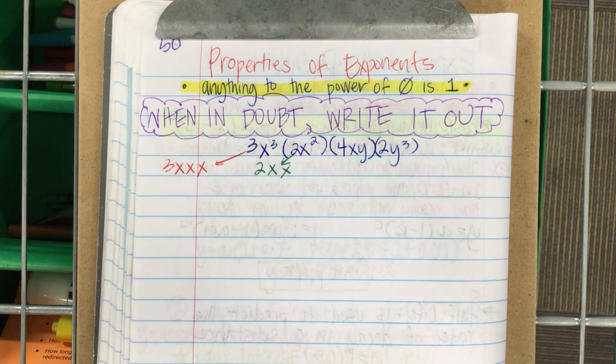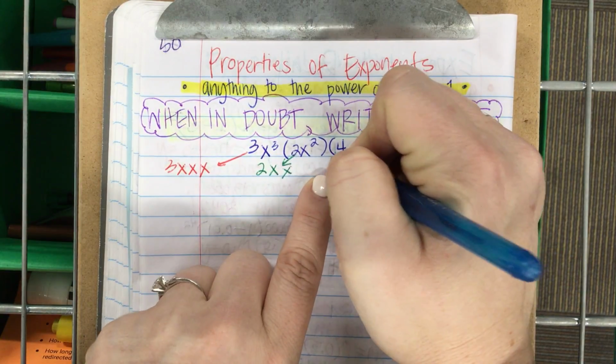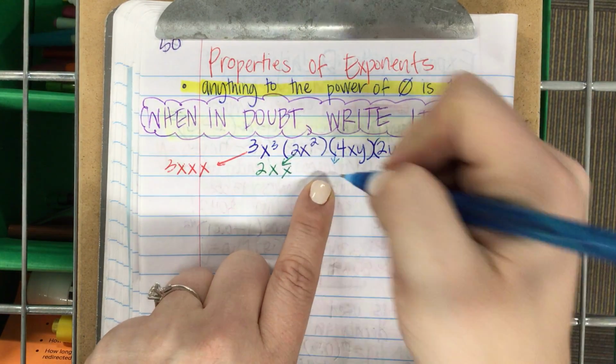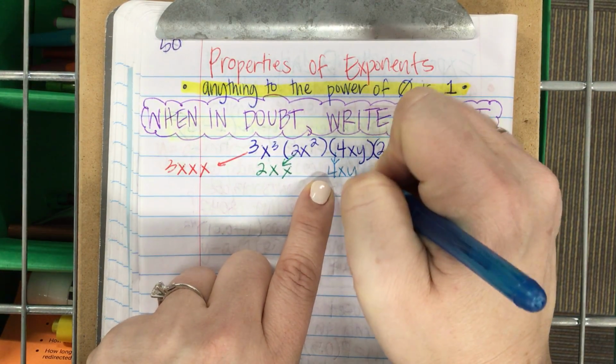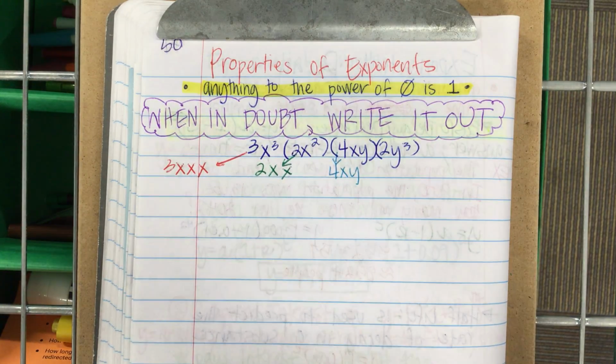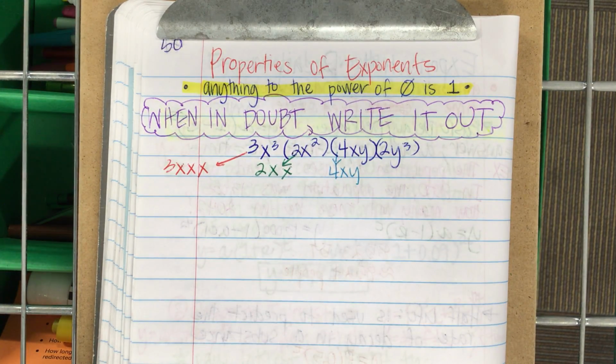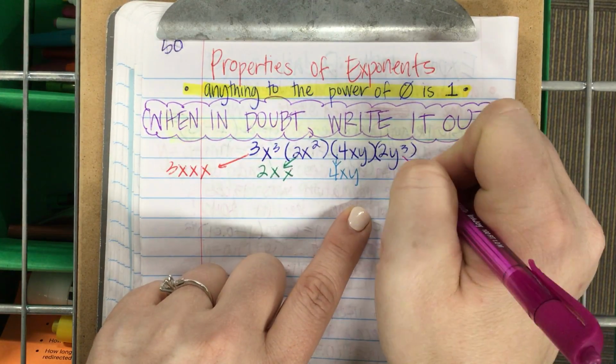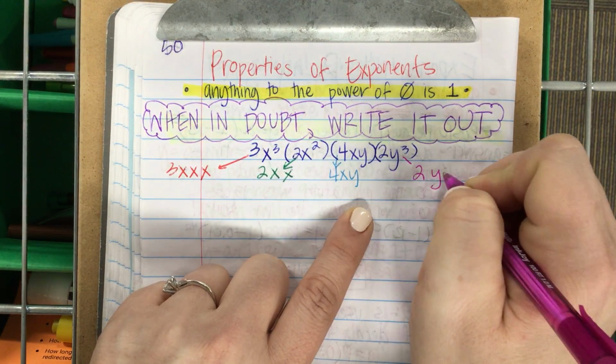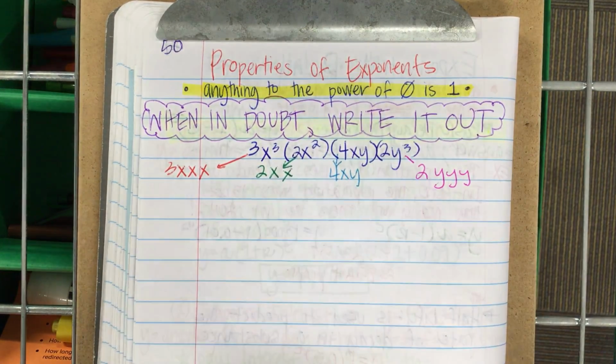Yes? And 4xy really means 4xy. That doesn't change. And then 2y to the third means 2y, y, y.